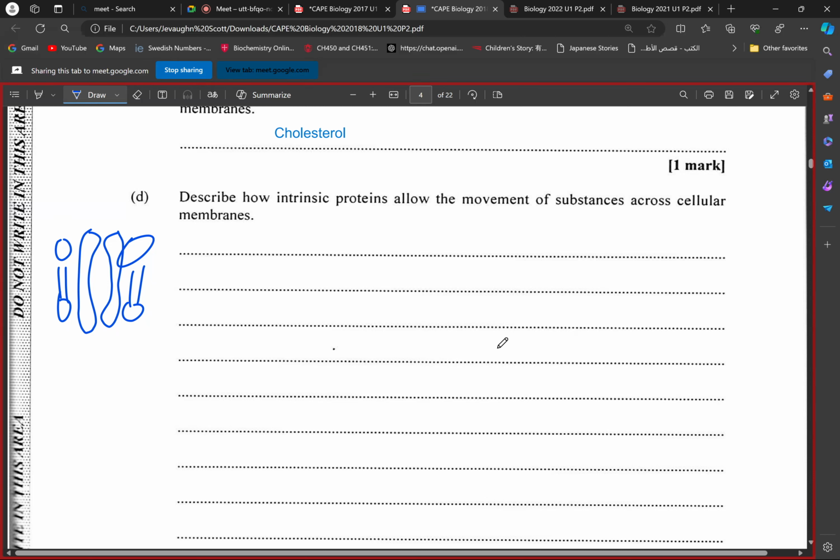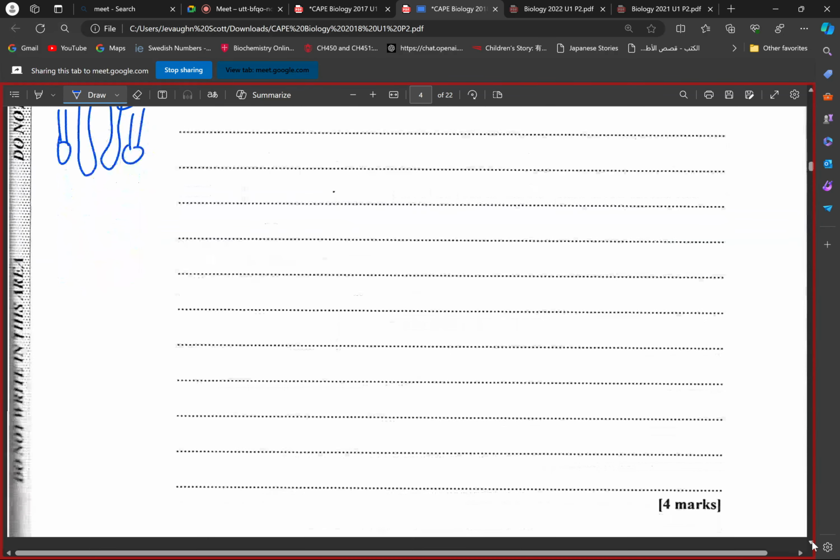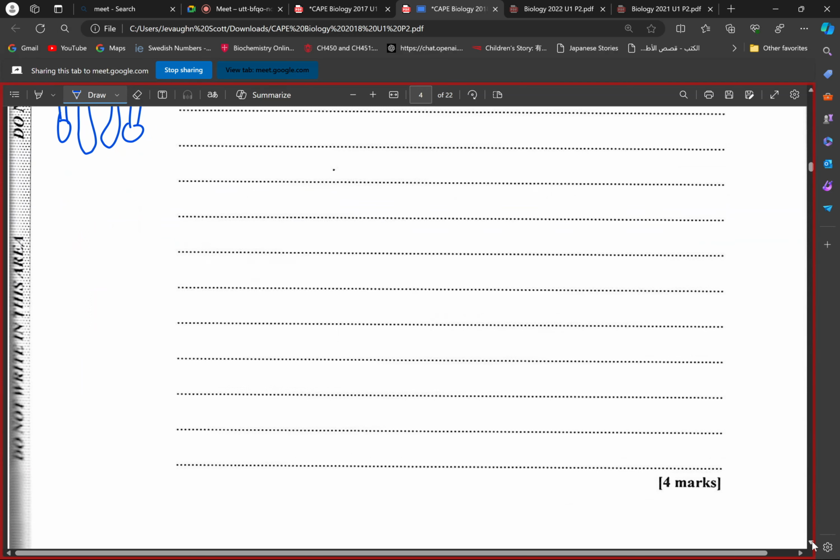The most notable would be the sodium potassium pump, which uses energy, so it's active transport, to move our charged and large molecules across the membrane that otherwise could not pass through. So you could speak about how those things will allow the movement of substances across cellular membranes using these intrinsic proteins. I would love for you guys to speak about that. It should be fine. 4 marks. That should be lovely.